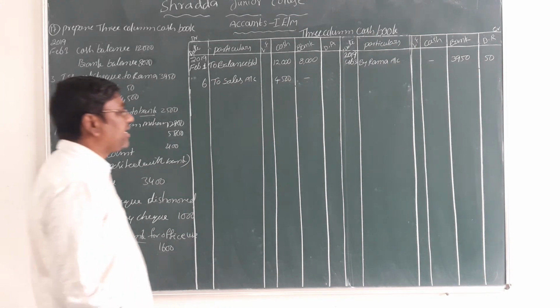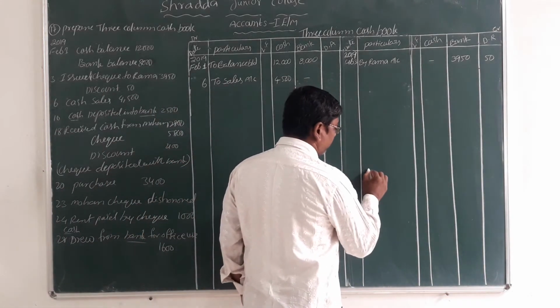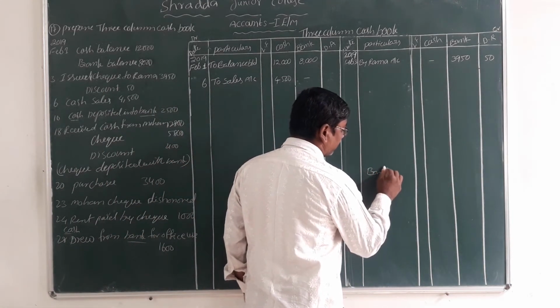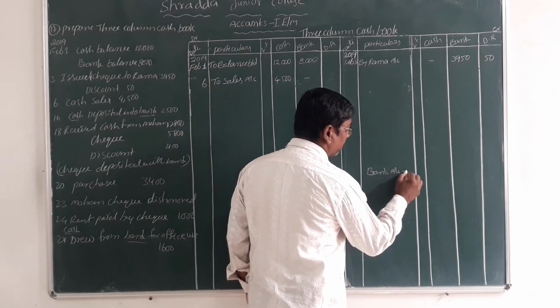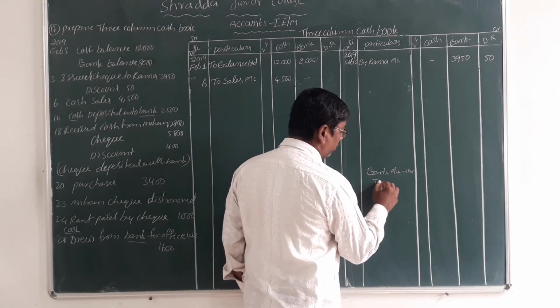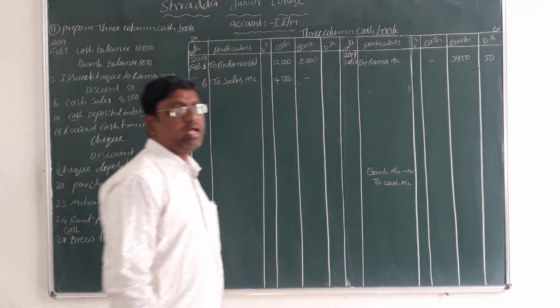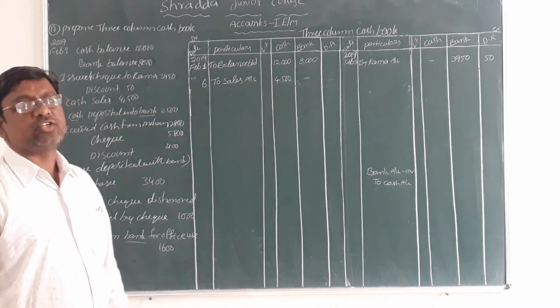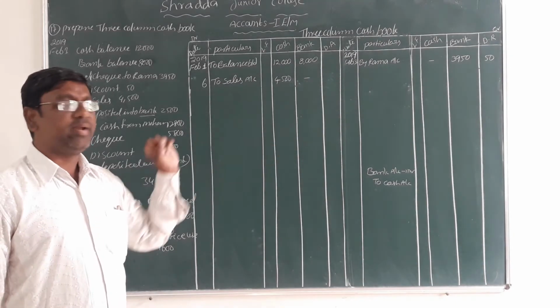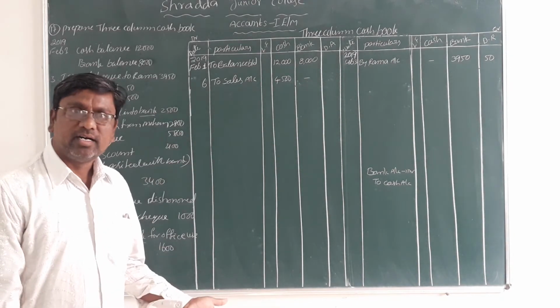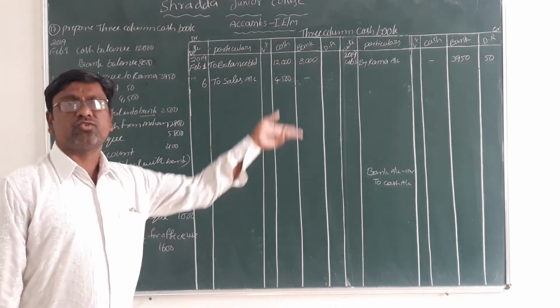So bank is the receiver; that's why bank is debited. Bank account debit to cash account. So bank is debit and cash is credit here.